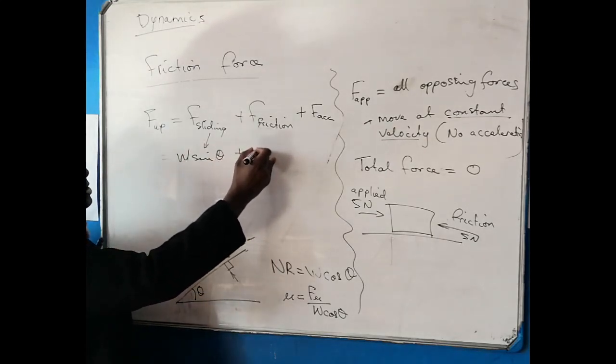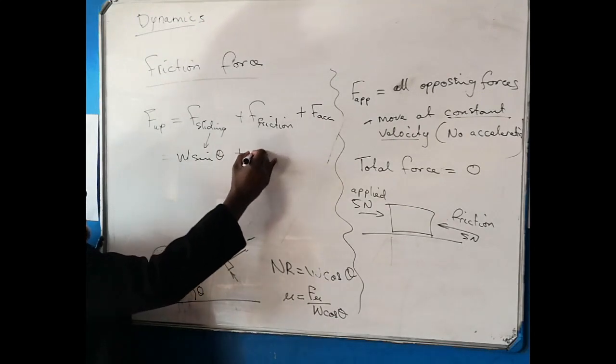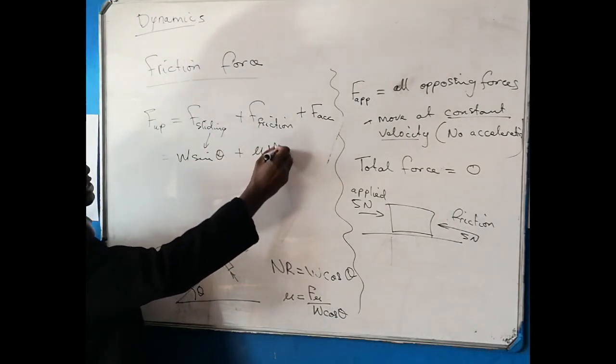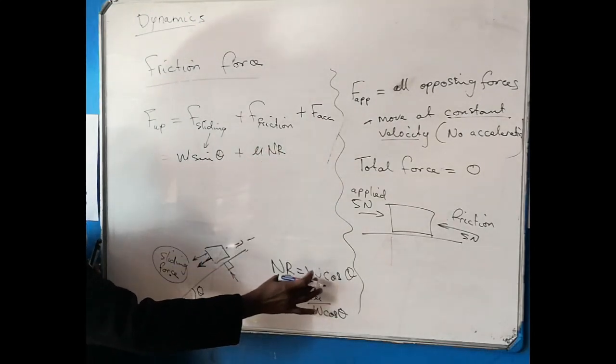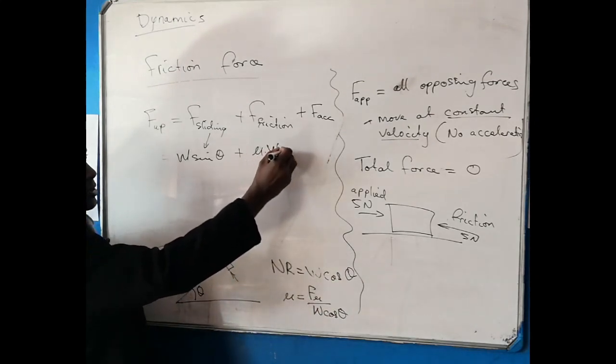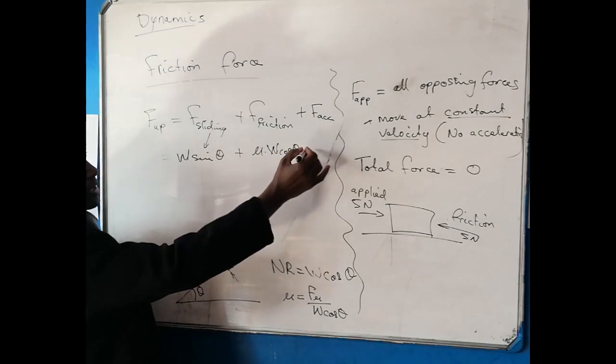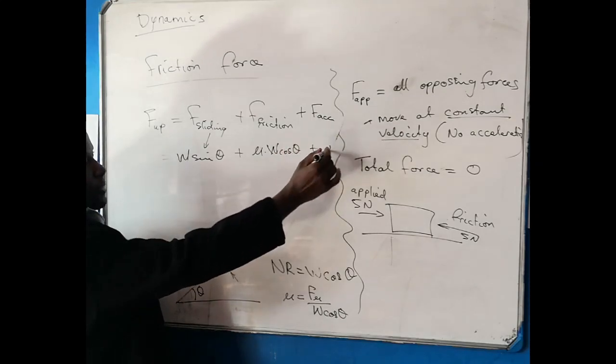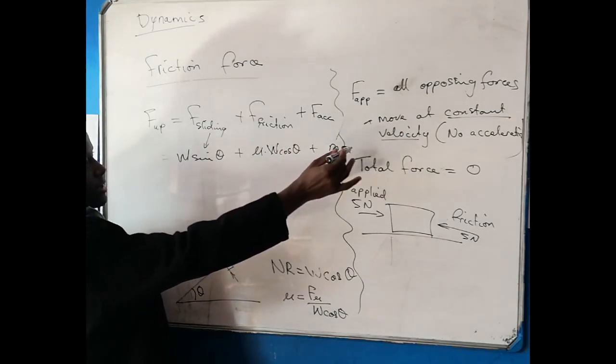Your friction force is your coefficient times your normal reaction. In this case, your normal reaction is this. You might as well say times weight cos theta. Then we add your mass times the what? The acceleration.